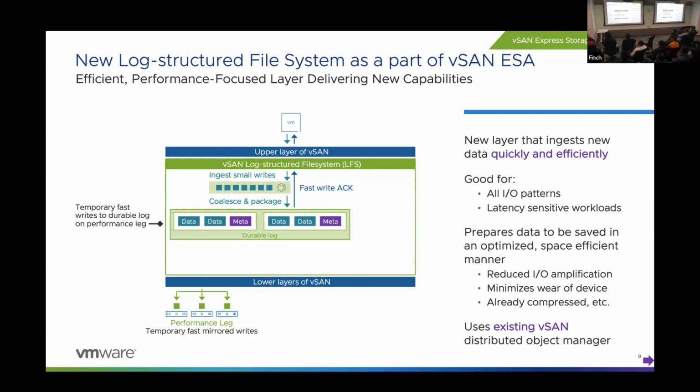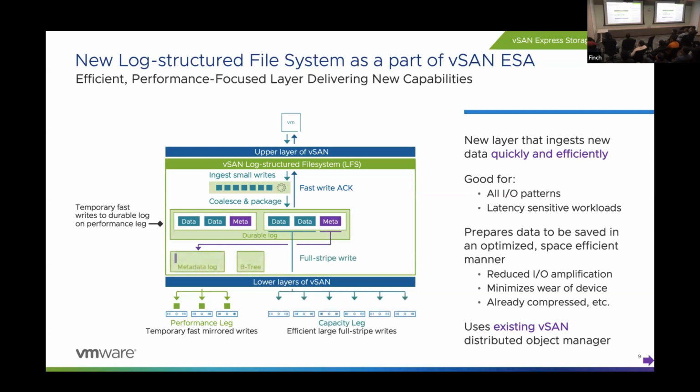And as soon as new log entries come to the durable log, the older entries are pushed to the capacity leg, which is at the end. When it is pushed to the capacity leg, there is the metadata log and something called the B-tree protocol, through which it writes the data to the capacity leg.